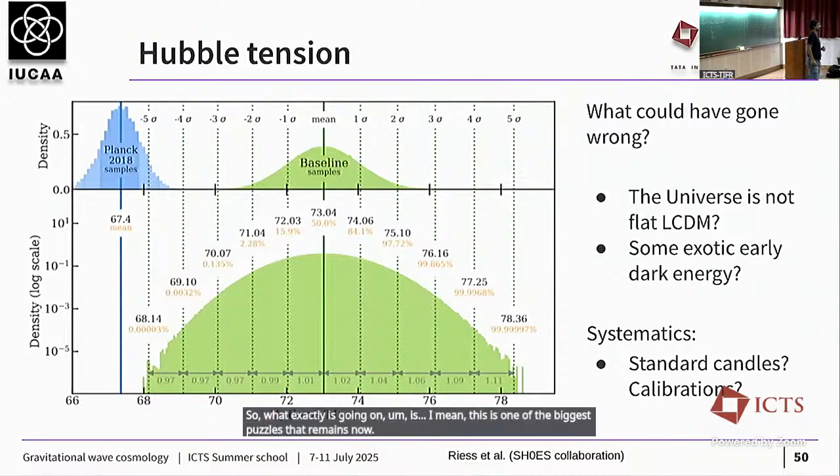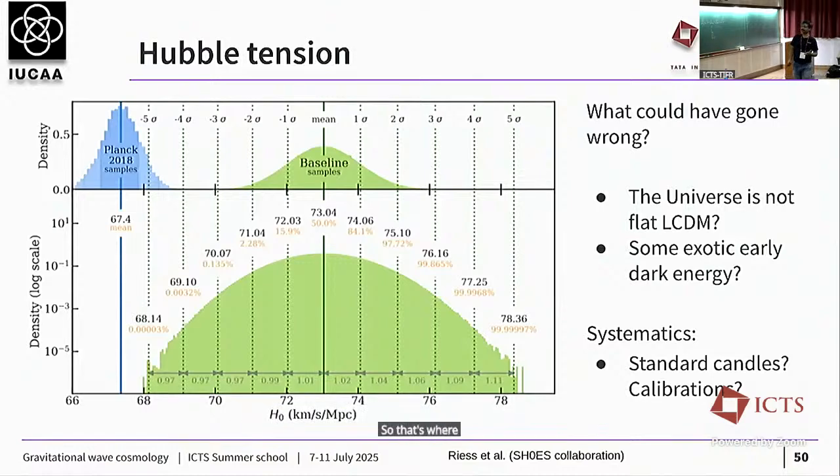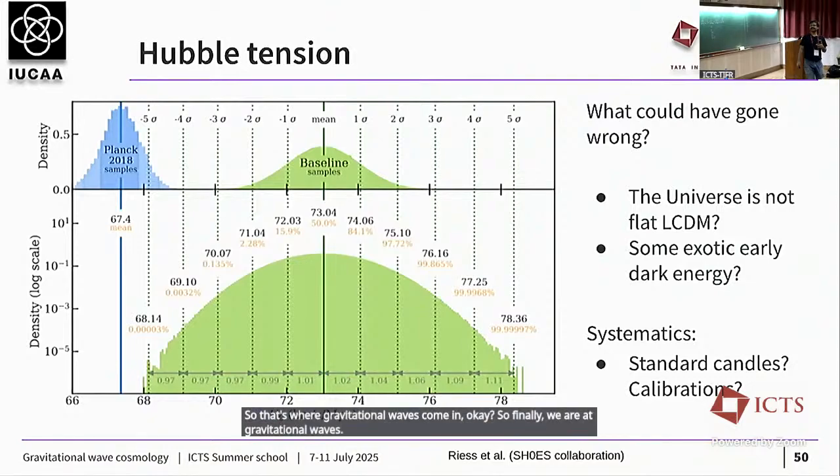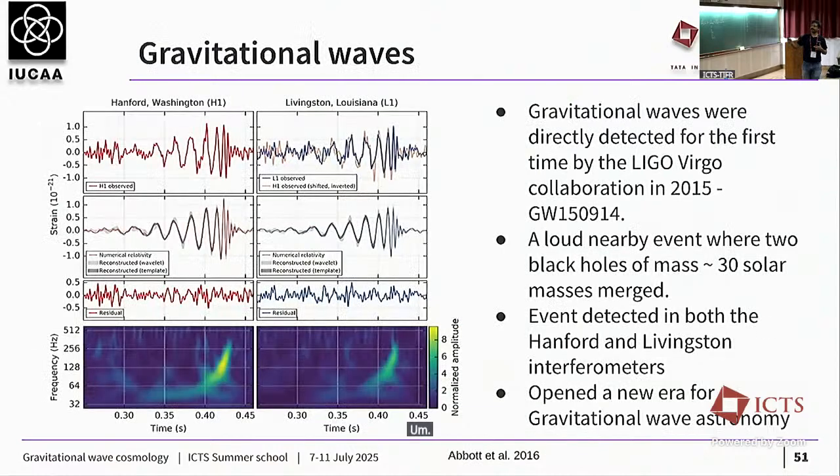Okay. So that's where gravitational waves come in. Okay, so finally we are at gravitational waves. This particular discovery of gravitational waves was very influential, of course. In 2015, this was discovered by the LIGO-Virgo collaboration. So you can see these two detectors, the one in Hanford and the one in Livingston.